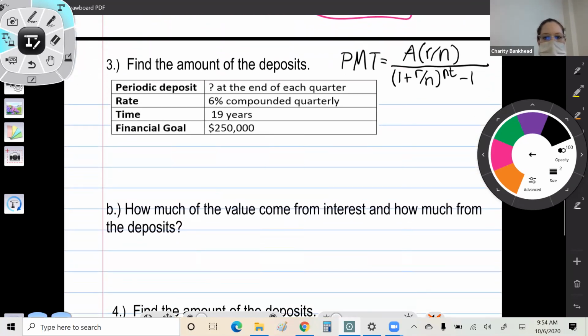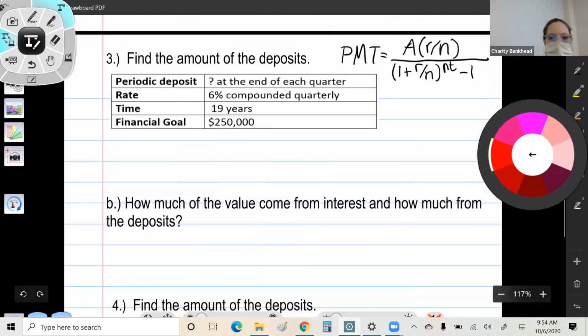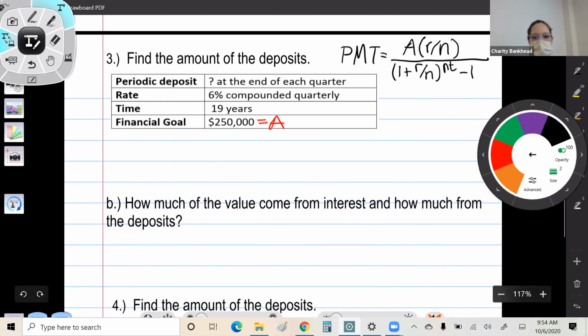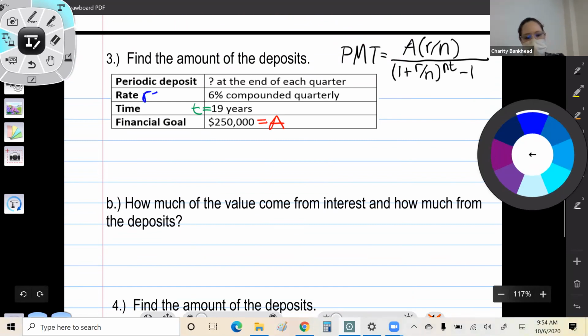So your goal is the A variable. So 250,000 is A. And of course, T is 19, and then R would equal 0.06.